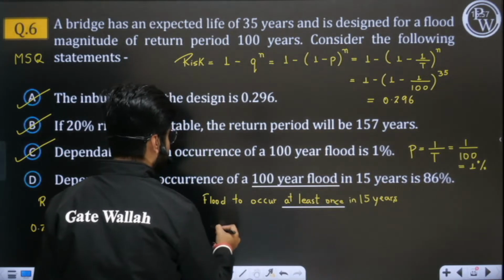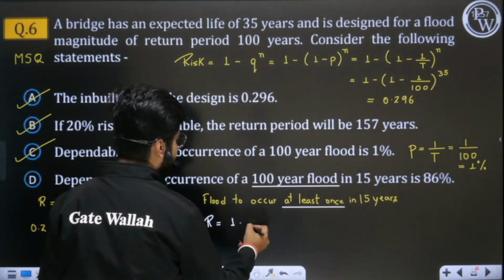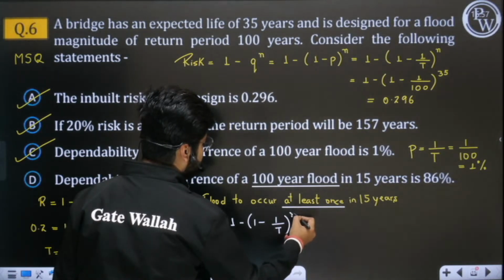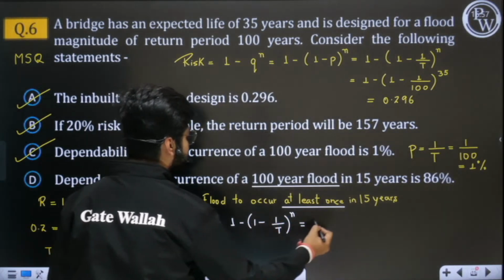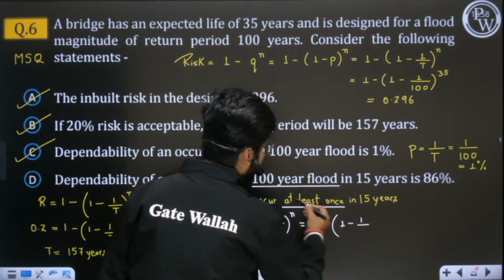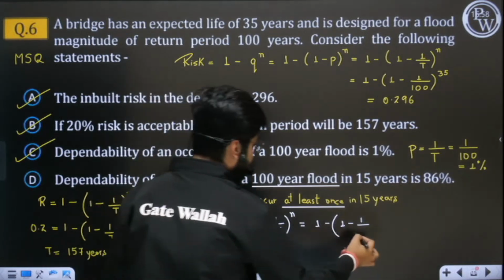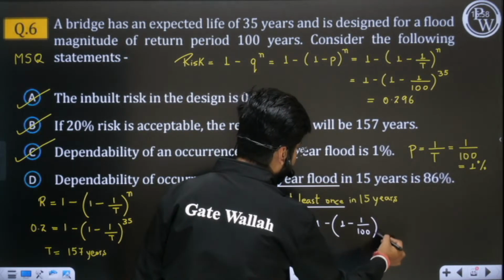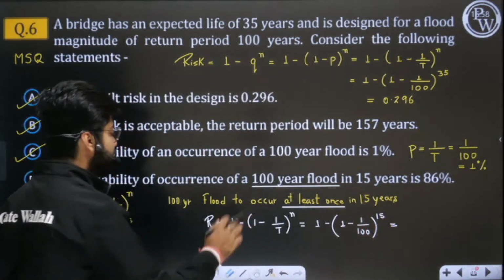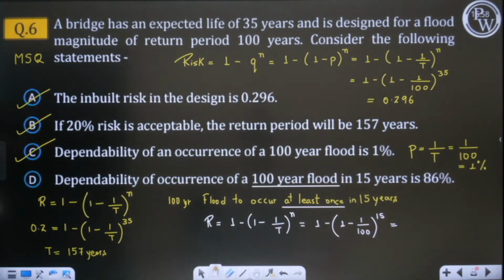So find risk, and risk is what? This is the formula for risk. So simply put the values 1 minus 1 by t. T is 100-year. Value of n is given as 15. Simply find risk here. You will get the answer.